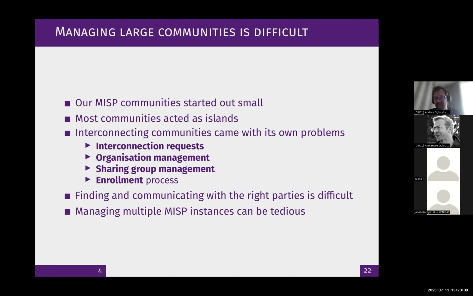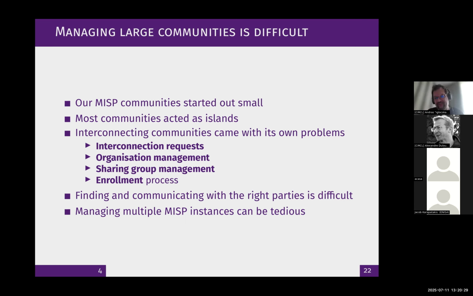Another thing: finding the right parties to communicate with can be difficult. So one of the things we wanted to do with Cerebrate is allow organizations to say, these are the types of services we offer, we have a MISP instance, we are part of this chat, and this is how you can interconnect with us.